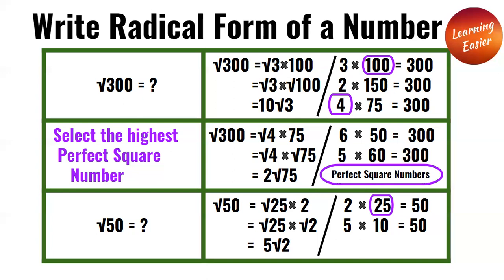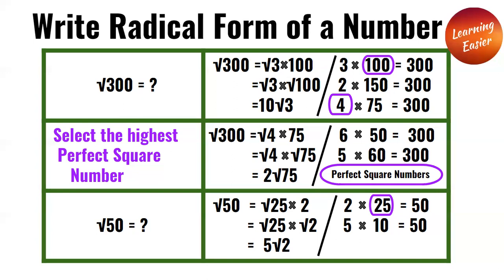So when we're writing the simplified version of a square root, we usually find the highest perfect square out of all the factors that I just listed. 4 and 100 are the perfect squares, but the highest one is 100. So we're going to use 3 times 100 to simplify the square root of 300.